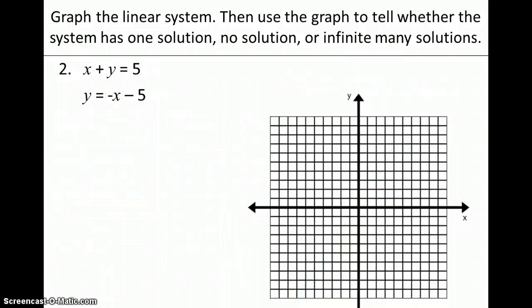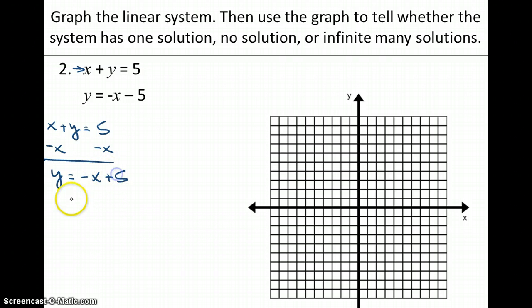Same directions as the last one, so I'm going to do what we did before and get each of these into slope-intercept form. So x plus y equals 5. I'm going to subtract x from each side, and I have y is equal to negative x plus 5. My slope, they don't give me a number, but I know that there's a 1 in front, is negative 1 over 1.